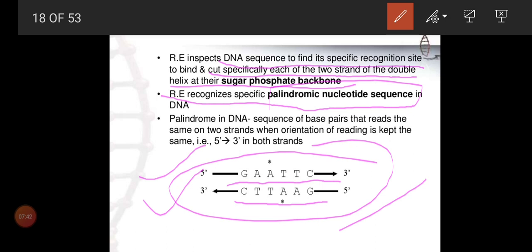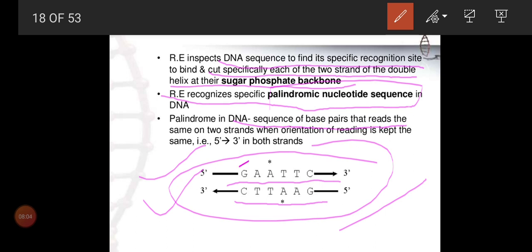So the restriction endonuclease will cut only the palindromic sequence, and afterwards when we add the target genes, it starts to multiply with the other strands. If not, it is a problem. So a palindrome in a DNA sequence is a base pair sequence that reads the same in two strands.